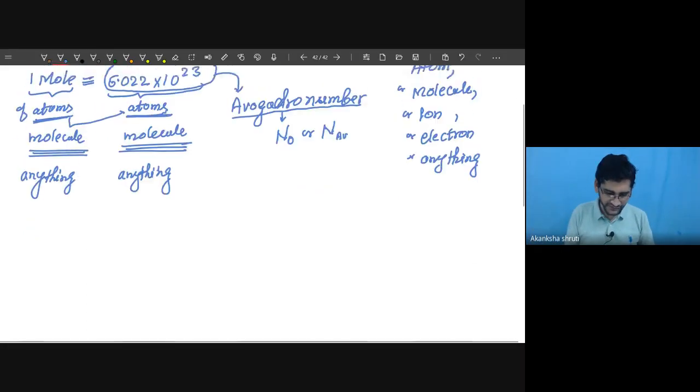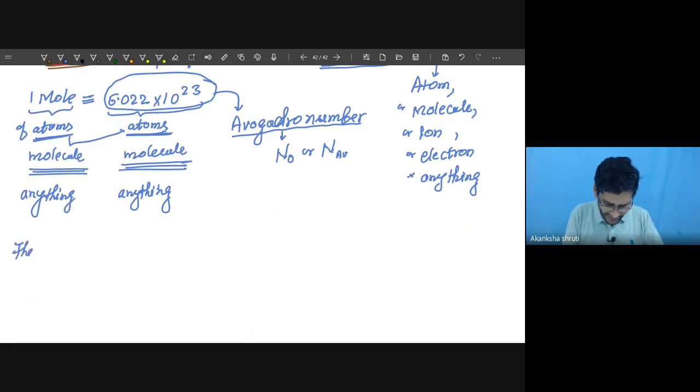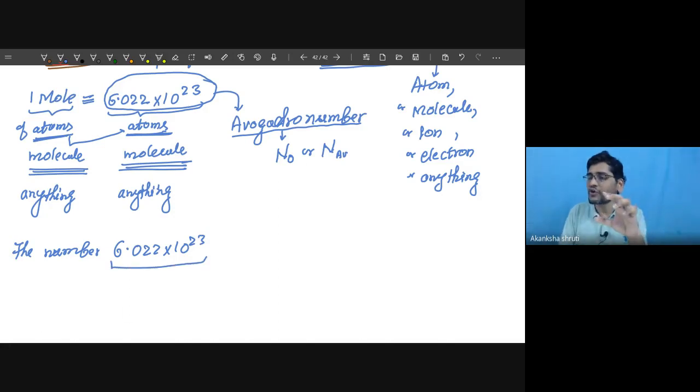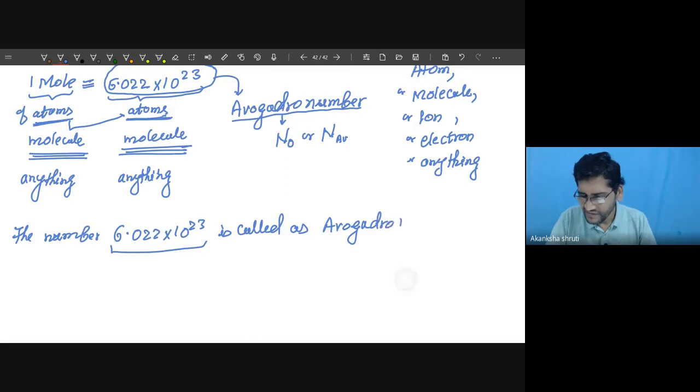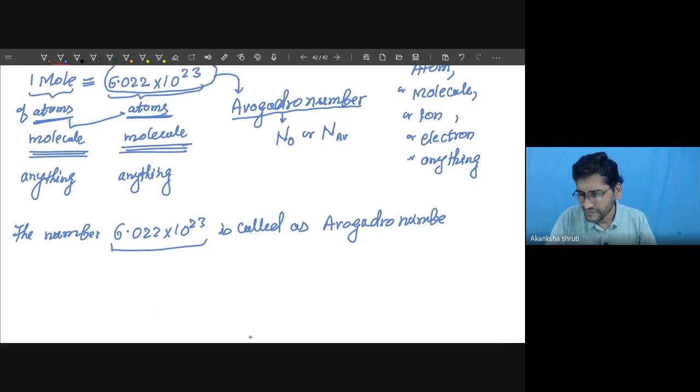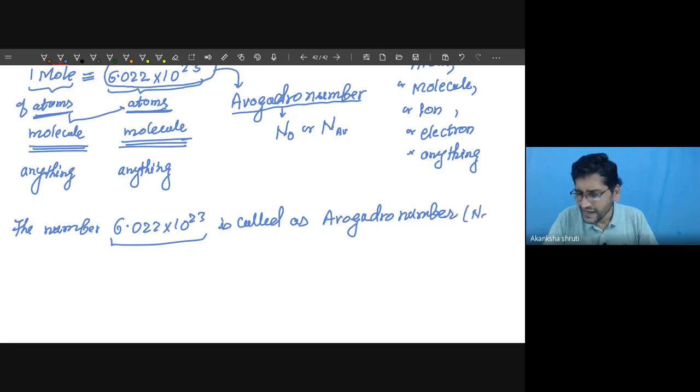So write a note here: if the term Avogadro number is used, it means this much number is available, and this is denoted by N0 or NAV. Okay, student? It is like this.